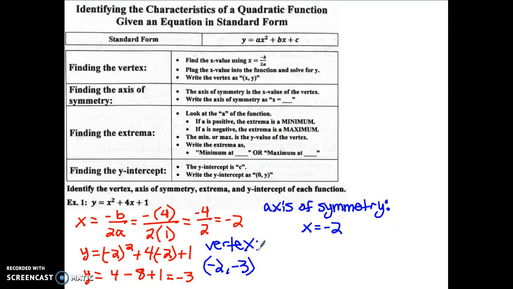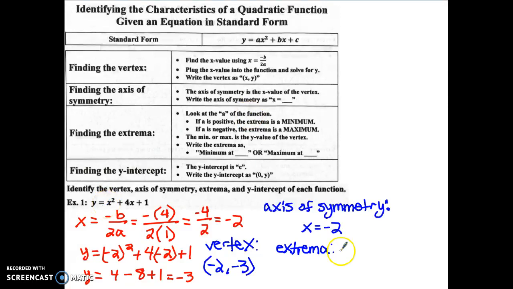Okay? Now, let's move on to extrema. For the extrema as well, there's no work to do because we're going to be depending on the vertex, which we've already solved for. So for the extrema, you're going to look at the a of the function. That's this number here, which is 1. If a is positive, the extrema is a minimum.